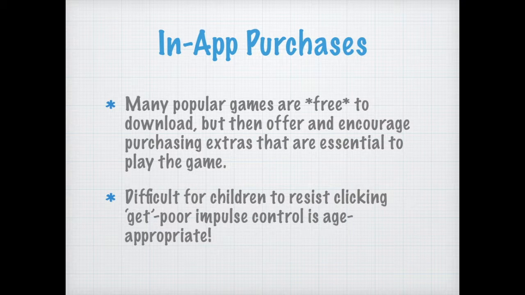Back when we were setting up the restrictions and the parental controls on the iPhone, I mentioned the ability to turn off in-app purchases. So I'm going to go ahead and show you how to do that more specifically now.